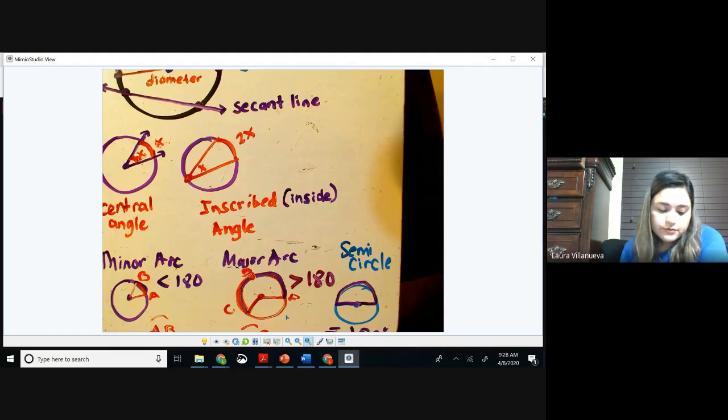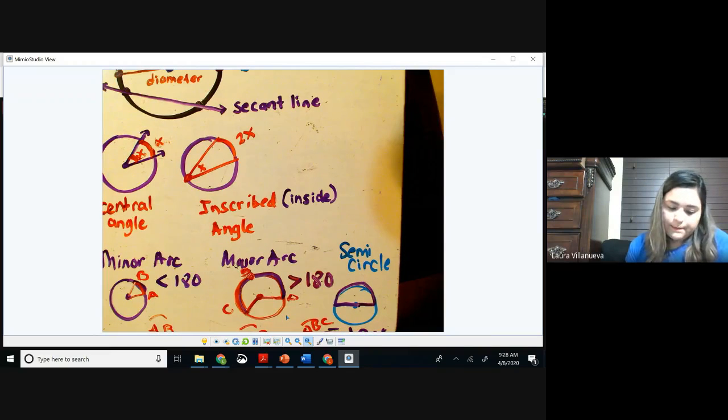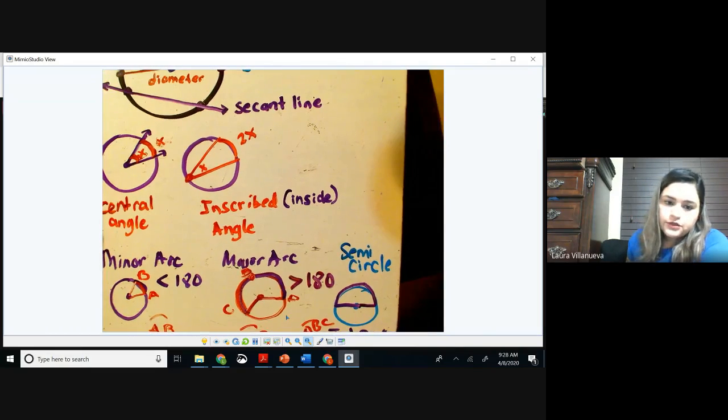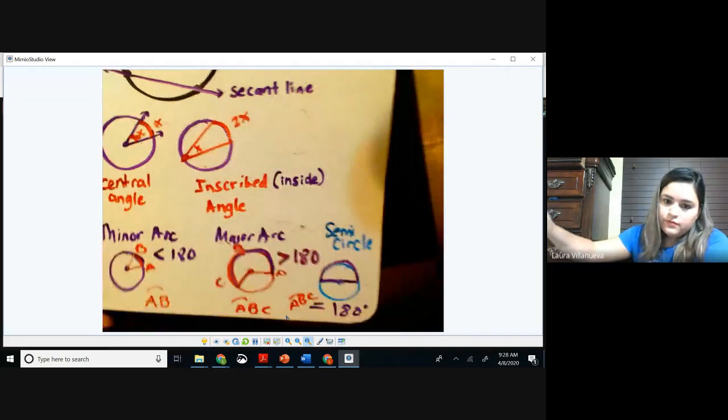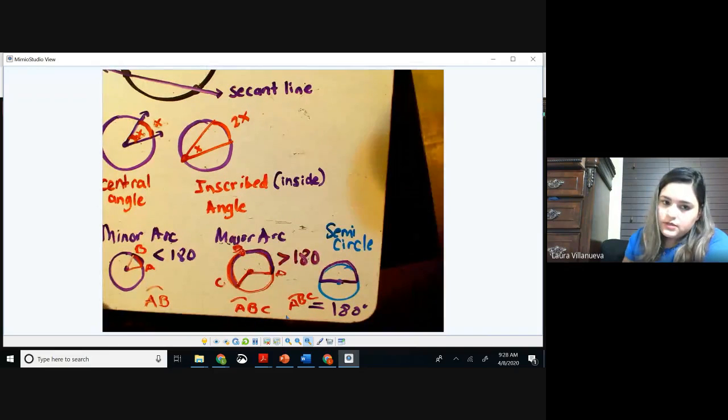And a semicircle, you can use 3 letters. All right, I'm going to go ahead and erase this. If you're having trouble, let me know, and I'll answer questions right now. I'm going to erase it in 5, 4, 3, 2, 1.